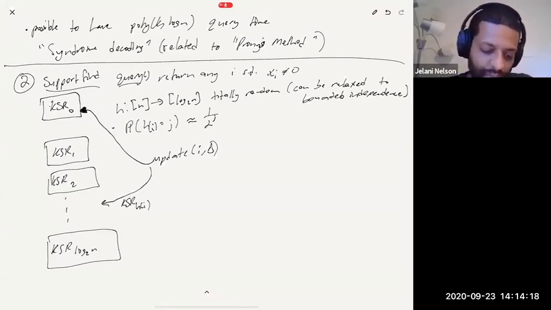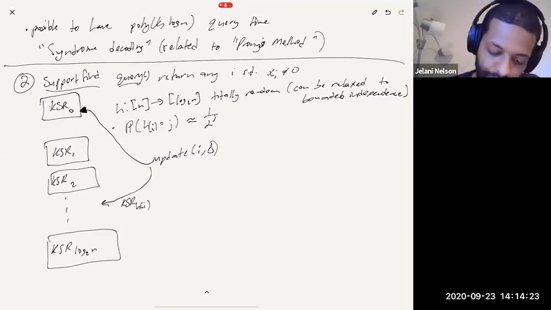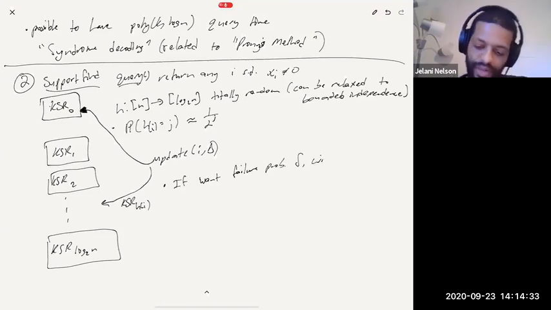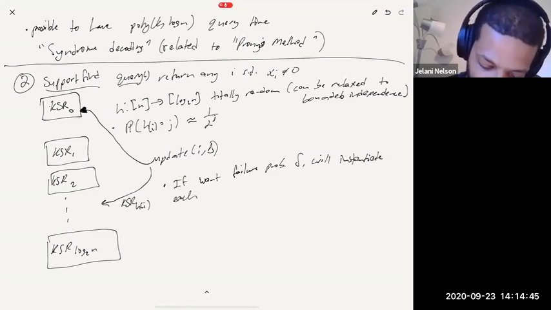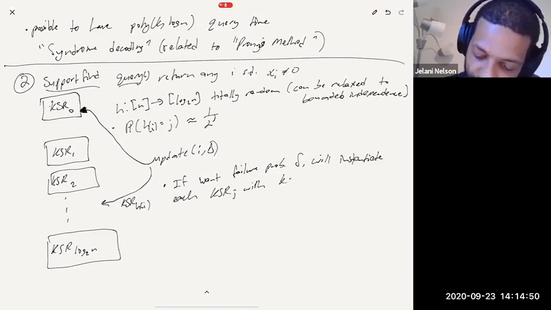And I'm going to do this with failure probability delta. I'll instantiate each KSR data structure with k being some constant times log 1 over delta.